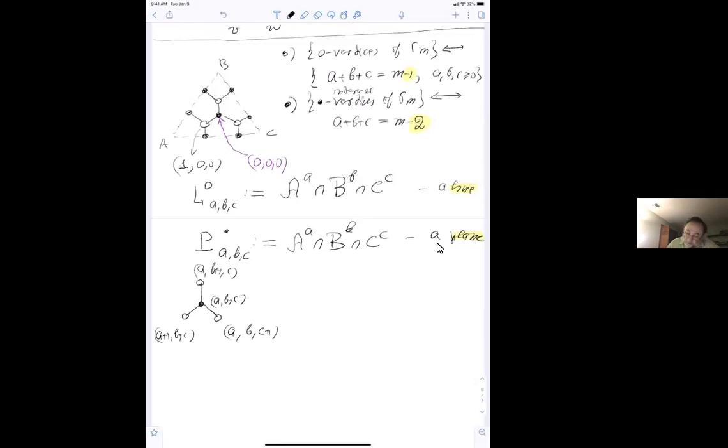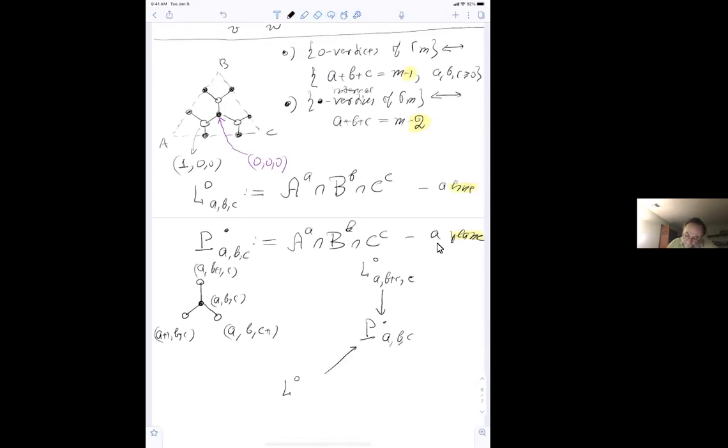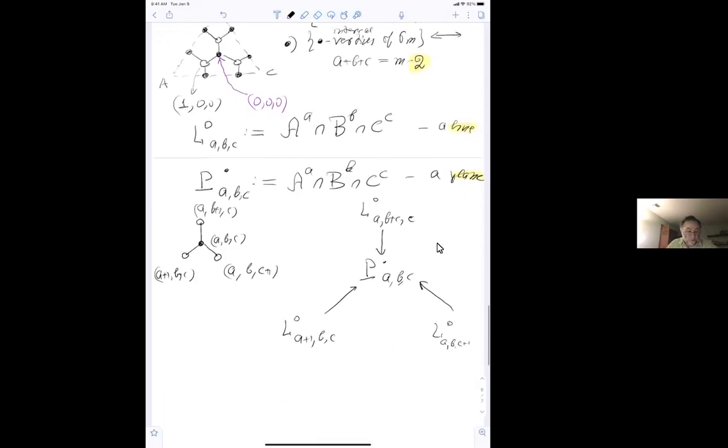And then it's very easy to see that the corresponding lines sitting over these vertices all sit inside of this plane P_abc. Why is this so?